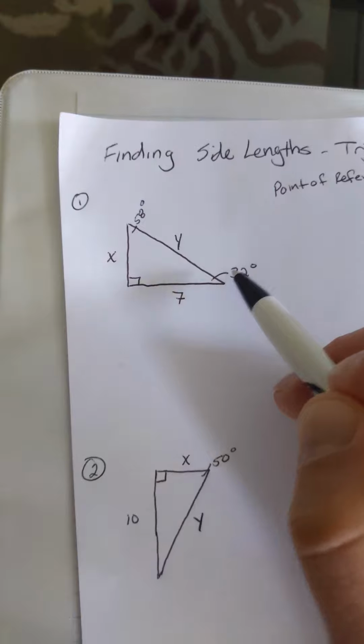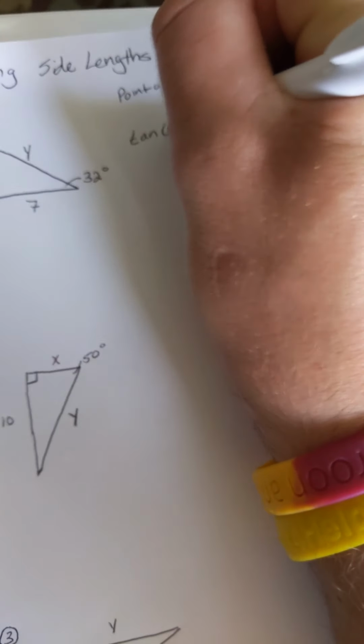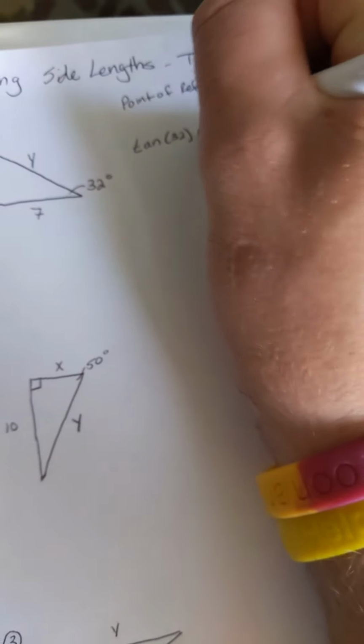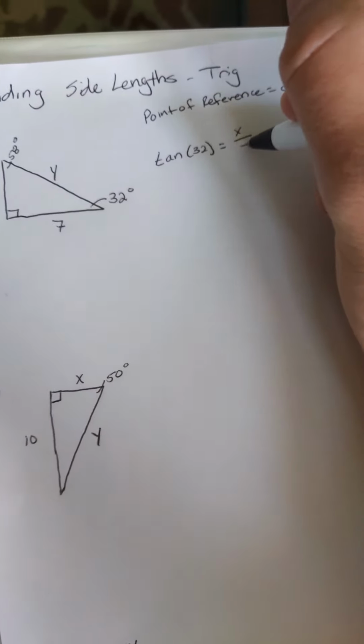So the tangent of 32 degrees equals opposite, which is x in this case, over 7.